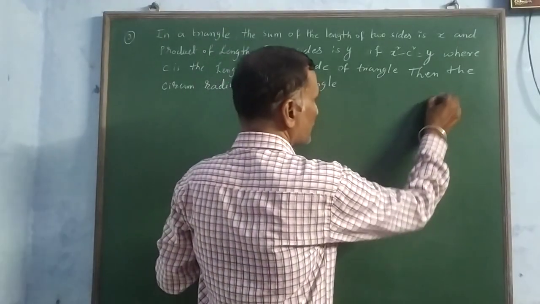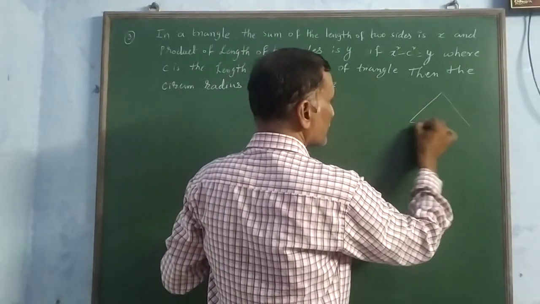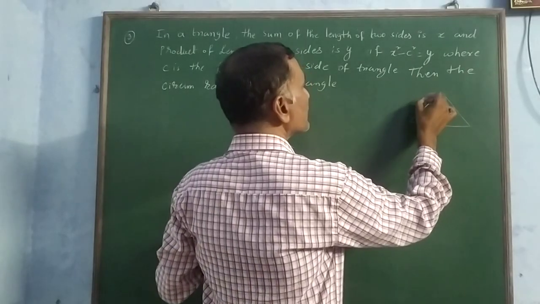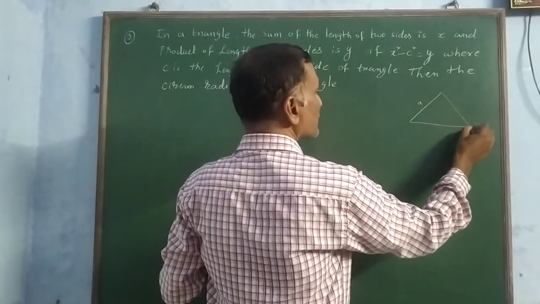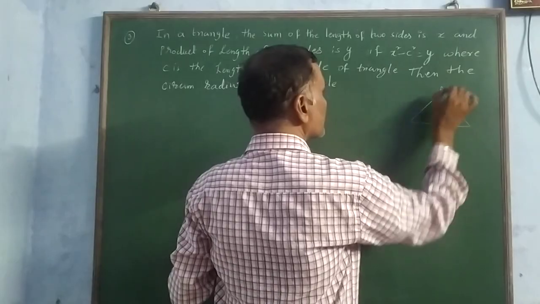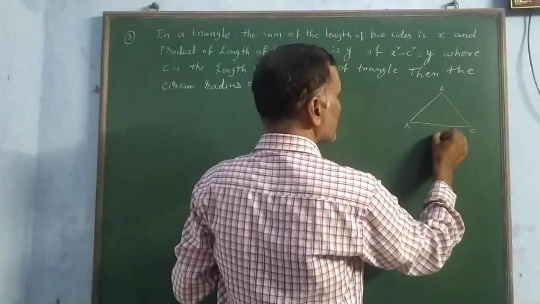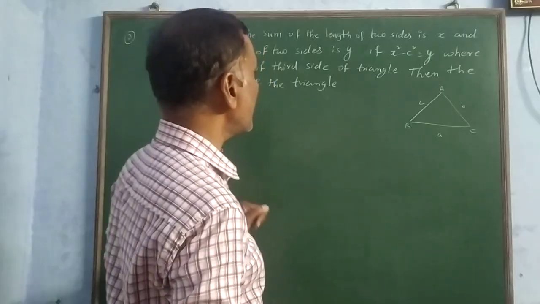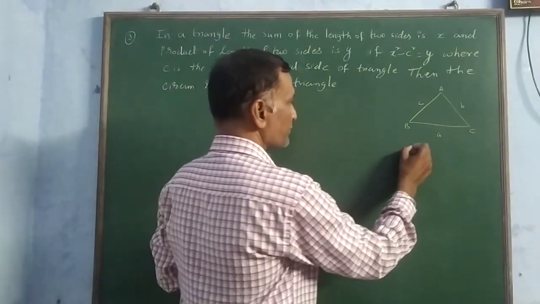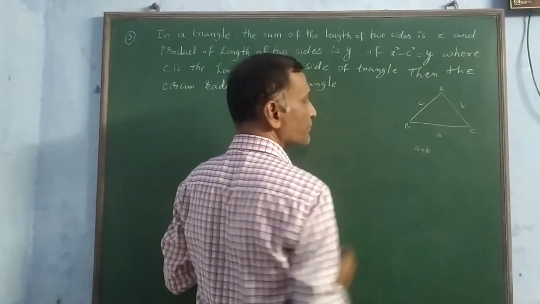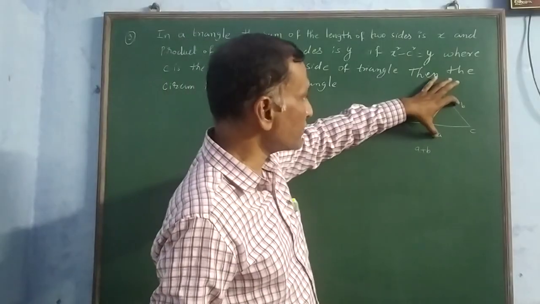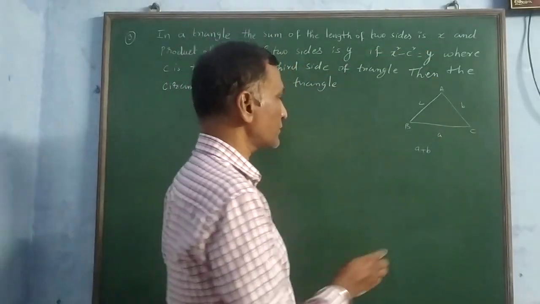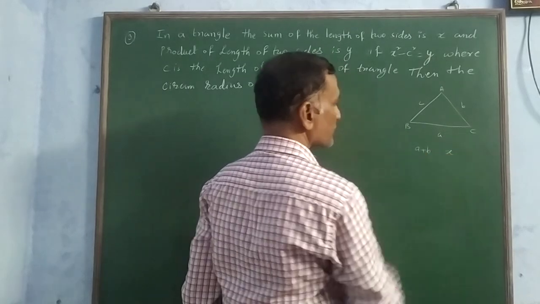In the triangle, this length is A, this length is here A, no? Here B, here C. Length of the two sides, A plus B, any two sides, is equal to how much? X. Is given in the statement.